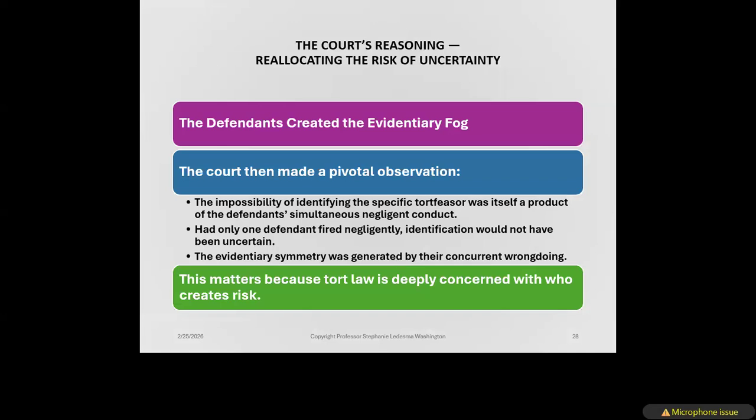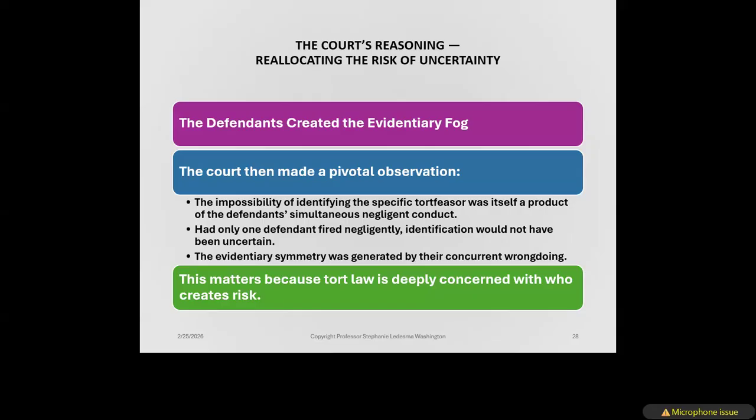And this is what the Supreme Court noted and used to justify their reallocation of the burden. The court made this pivotal observation. Look, the impossibility of identifying the specific tortfeasor is a result of the defendants' simultaneous negligent conduct.